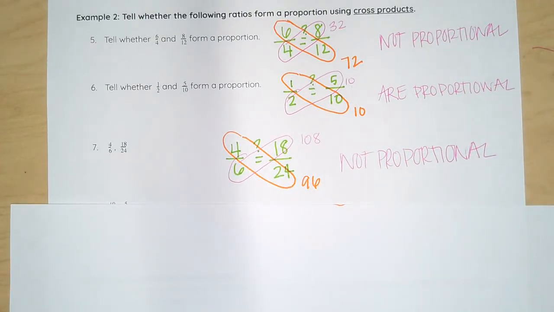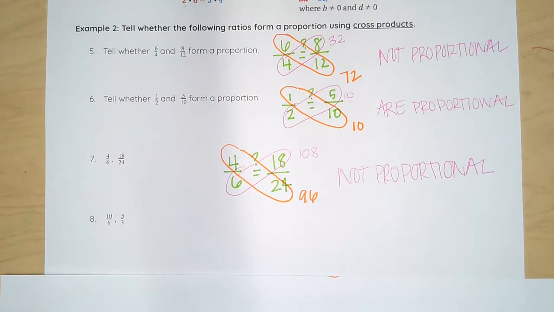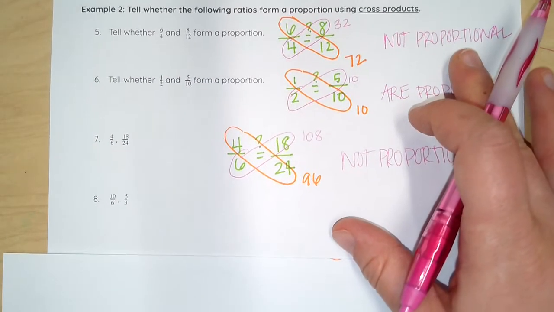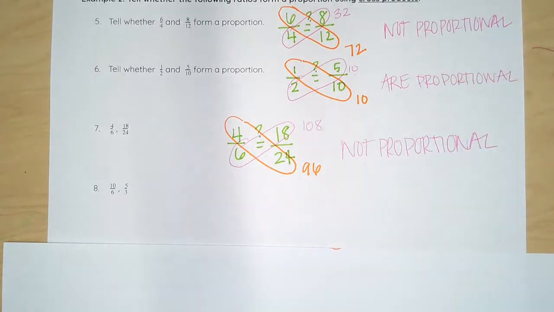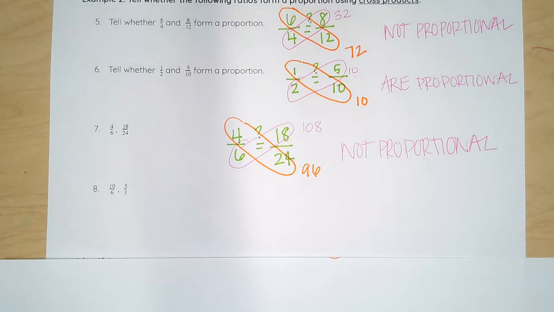All right, one more like this, and then we've got a couple more examples. Again, we know that this is proportional from our first page, but I want you to go ahead and take a minute, try to prove that with our cross products method. How do we know these two ratios are proportional using our cross products method?